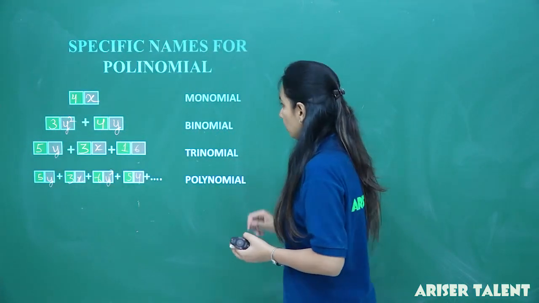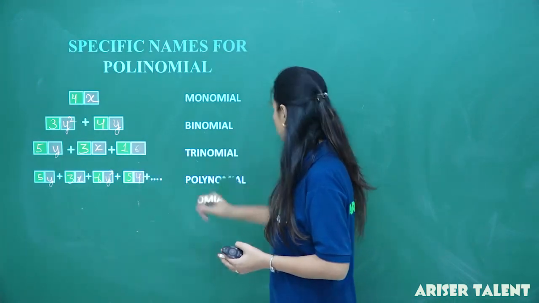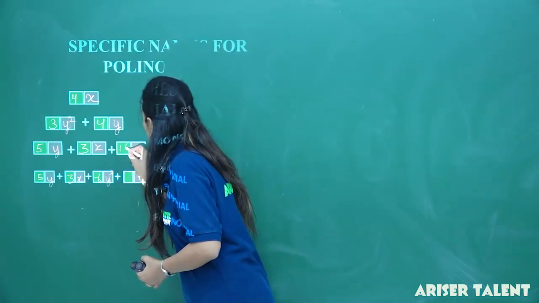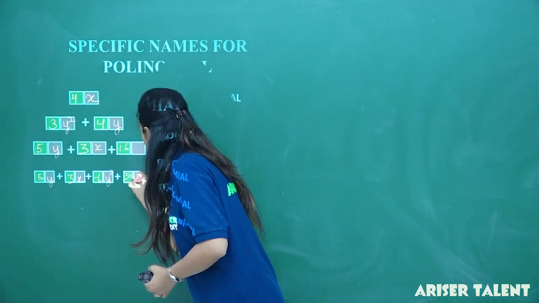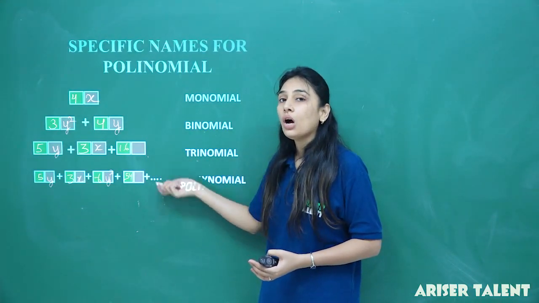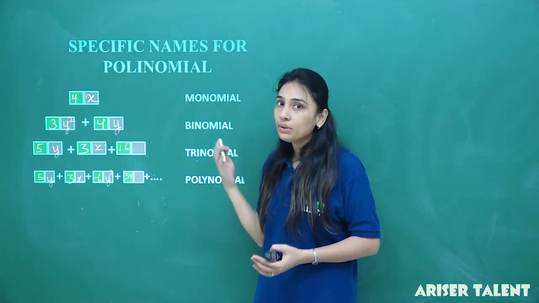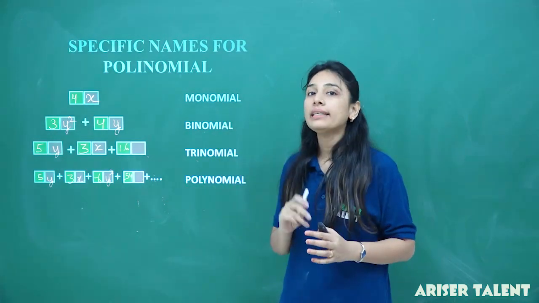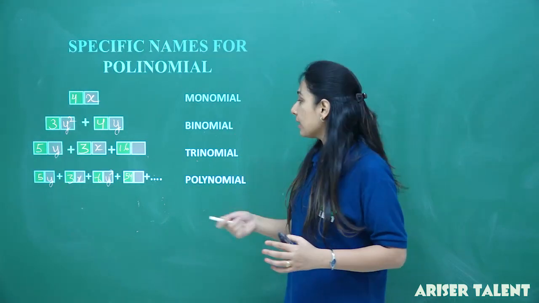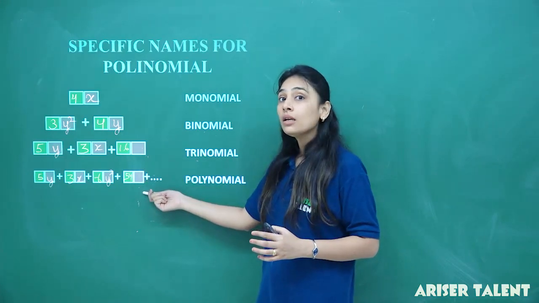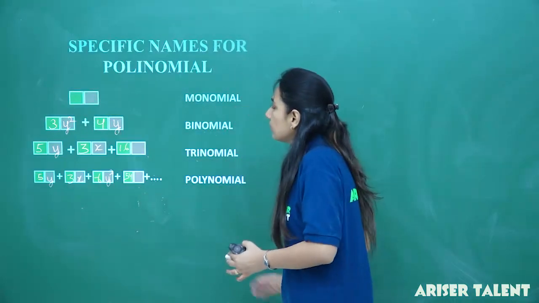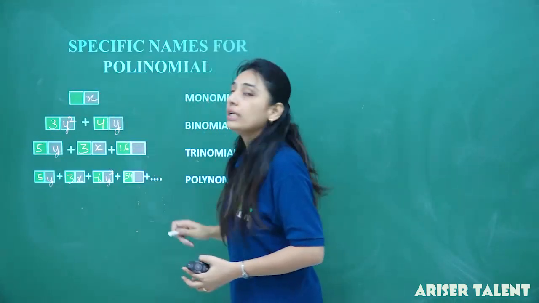Okay, now when you look at this portion, we are having only the number part here. We are not having any variable part here. So how has this become a term? Because we have studied that a term will have two parts, one the number part and the second one the variable part. This is not having the variable part, and if I write only x here, it's also a term.